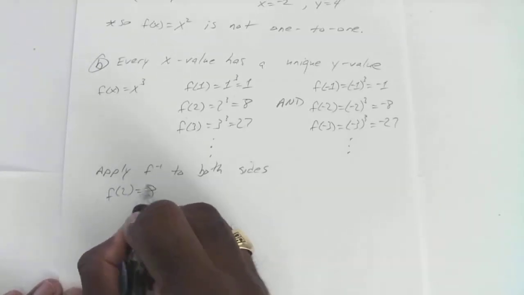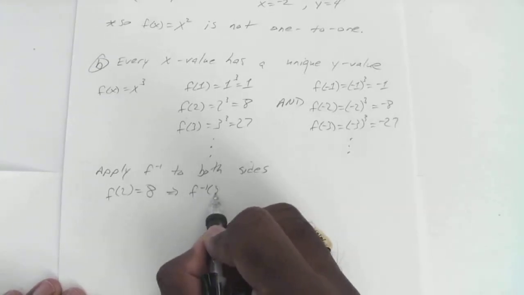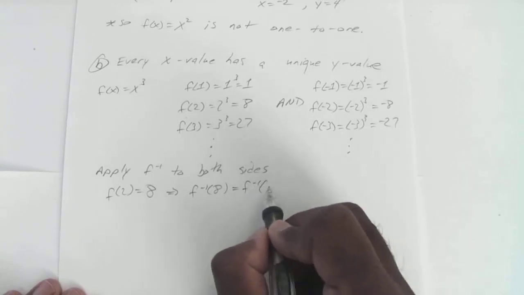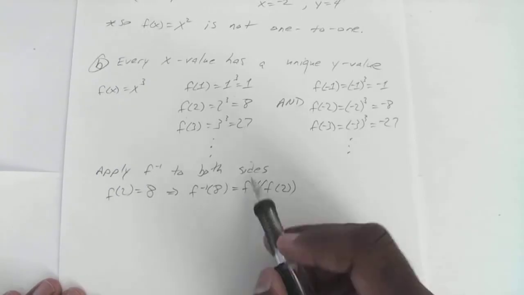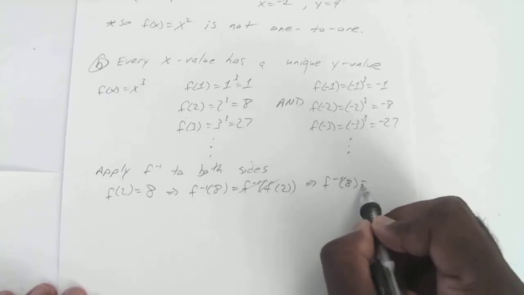F of 2 equals 8. That means f inverse of 8 equals f inverse of f of 2. Now, the inverse and the function cancel each other out. Okay, so we know that f inverse of 8 equals 2.